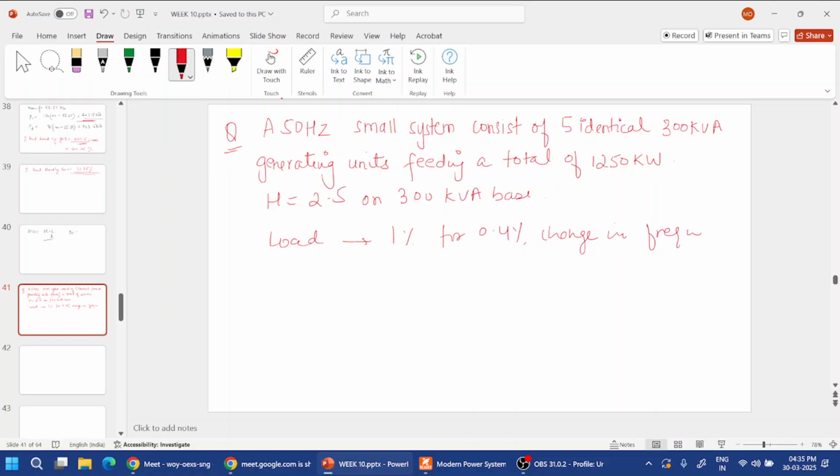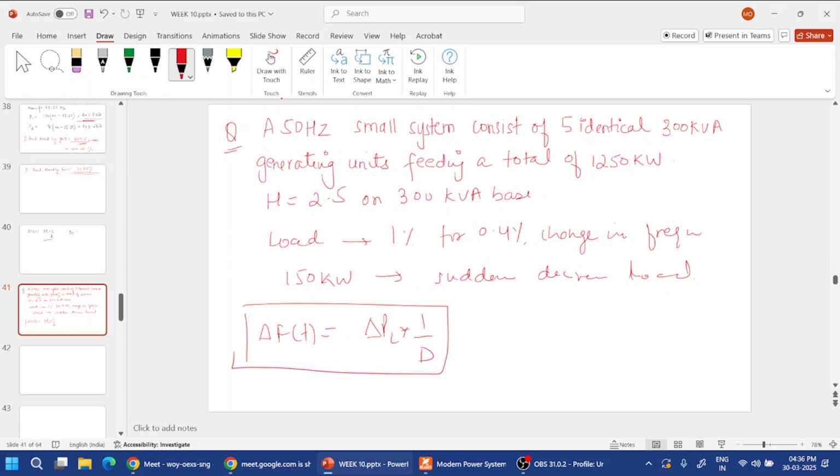If there is a sudden decrease in load of 150 kilowatt, find the steady state. Now we have to find the steady state, so basically we will use this equation to calculate the steady state frequency change.